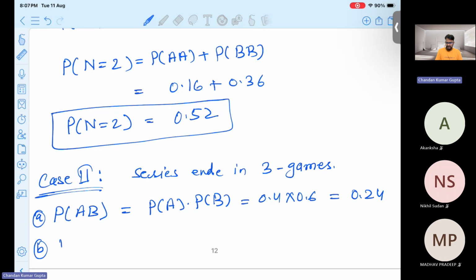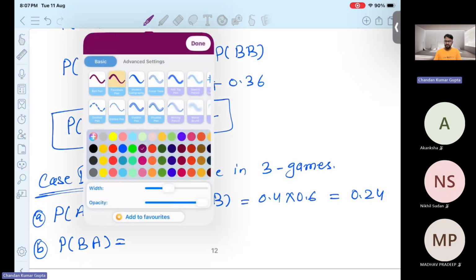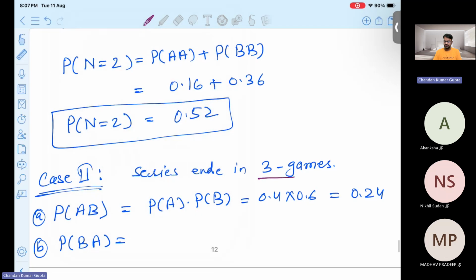Similarly, the probability of B, A. See, why I have not written A, B, A or A, B, B, is because our aim is to find out that the series will end in 3 games. So obviously after that, one team will definitely win.